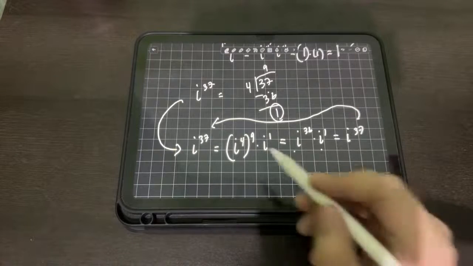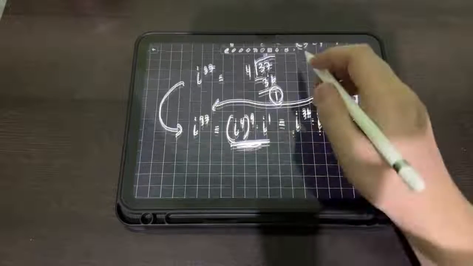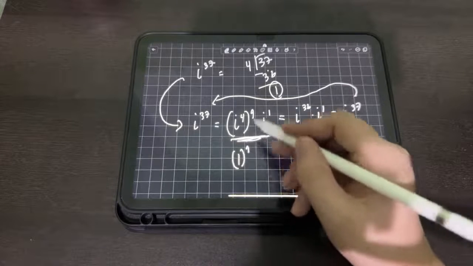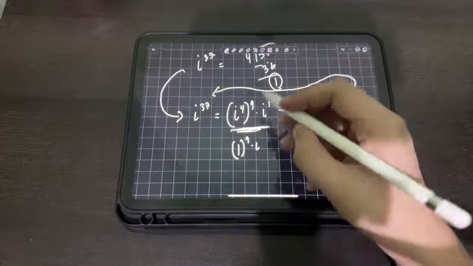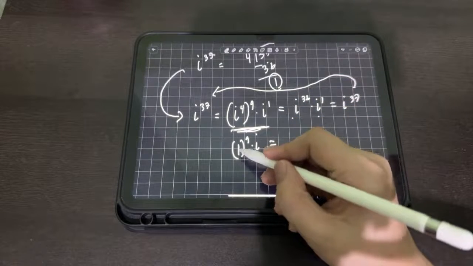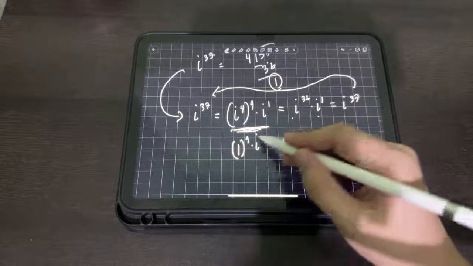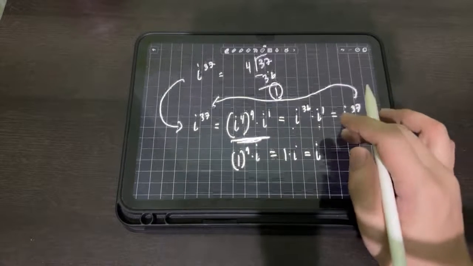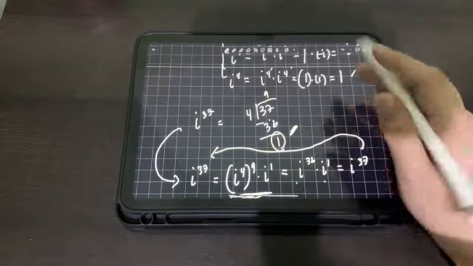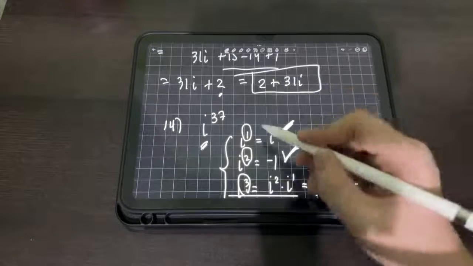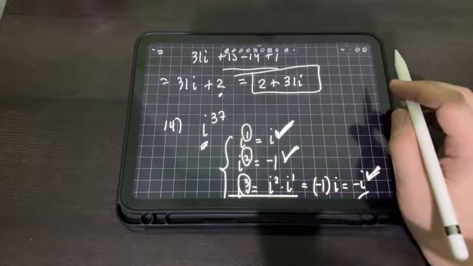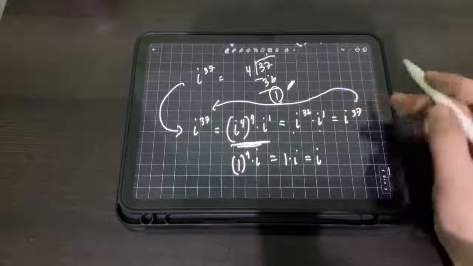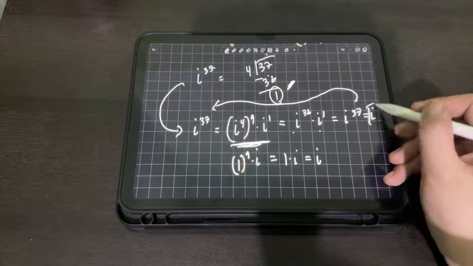But in this form, it's easy to simplify because we know that i to the fourth is 1, raised to 9 times i to the first, or i. And 1 to the 9 is still 1, times i, or simply i. And like what I've said, since the remainder is 1, it corresponds to the value of imaginary number i. So therefore, it is just equal to i.